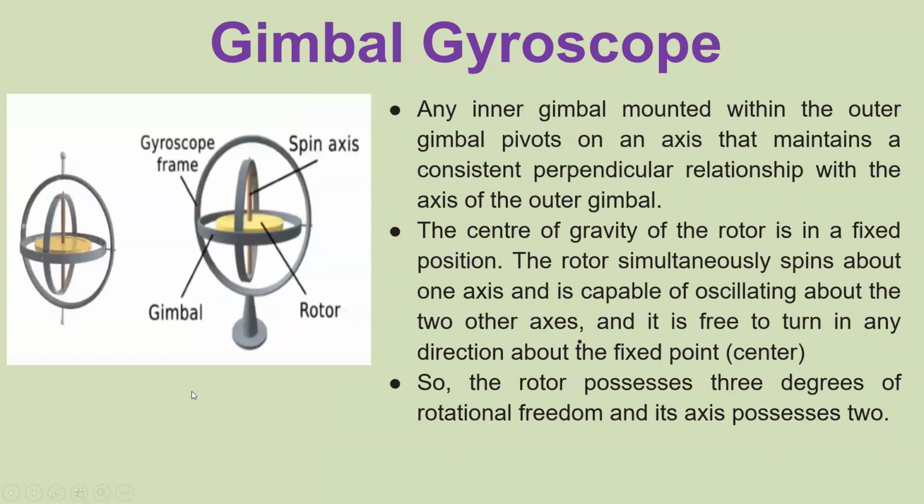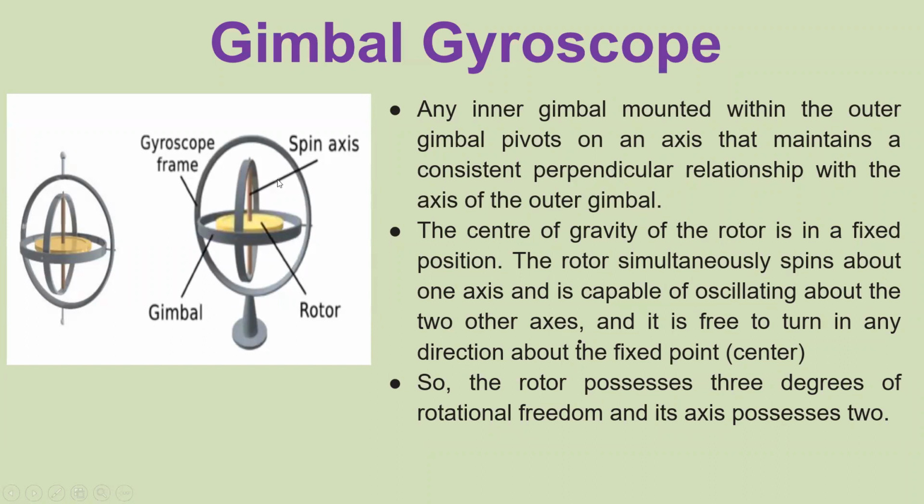So we have more on this. This is the outermost one, and you have two inner gimbals. Any inner gimbal mounted within the other outer gimbal will maintain a perpendicular relationship.